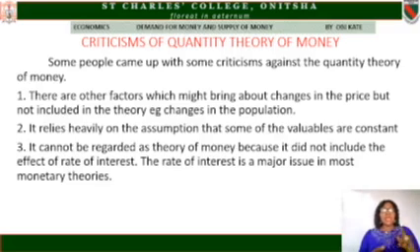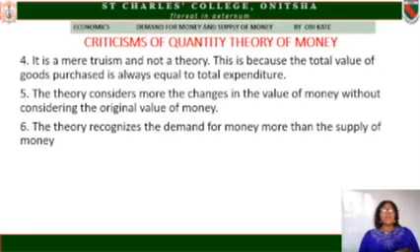Number two, it relies heavily on the assumption that some of the variables are constant. Three, it cannot be regarded as a theory of money because it did not include the effect of the rate of interest. The rate of interest is a major issue in most monetary matters. Four, it is a mere truism, not a theory.